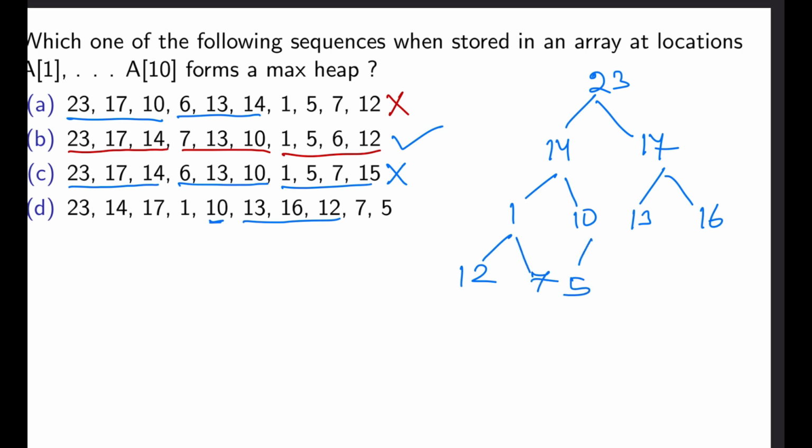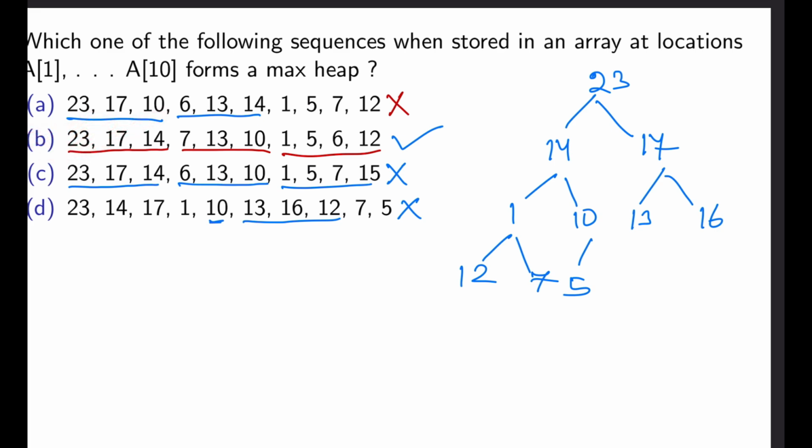Here you can see the property is violated. For 1, 7 and 1, 12, the parent value 1 is less than its children 12 and 7. In all other cases the property is satisfied. So option D is also not a heap. Only option B is correct.